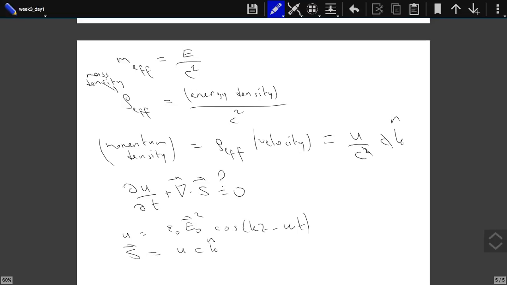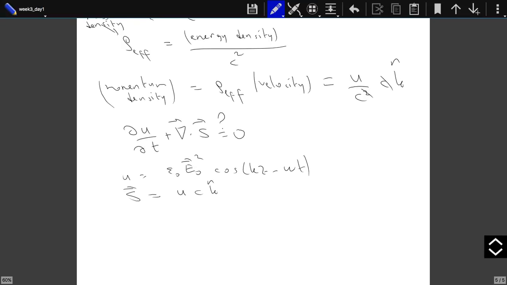Let's calculate the divergence of S. S depends on R and T only through U, which depends on kz minus omega t.